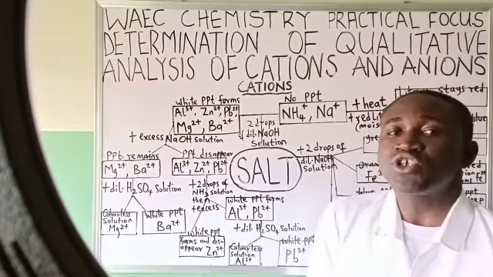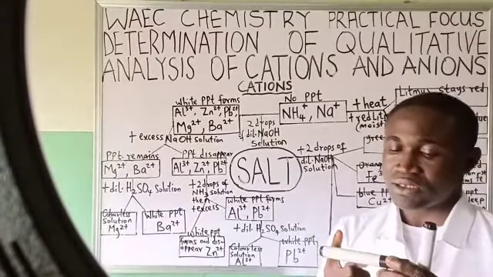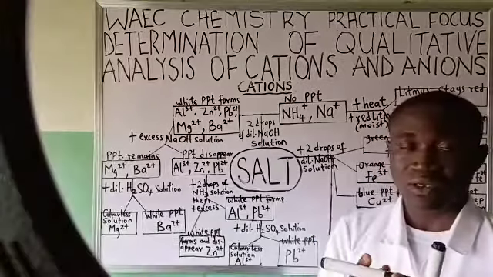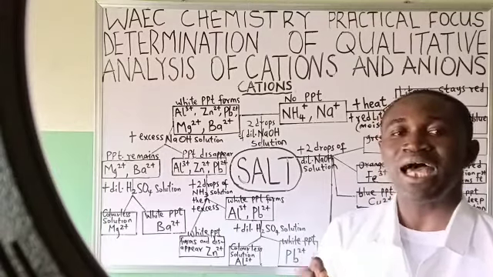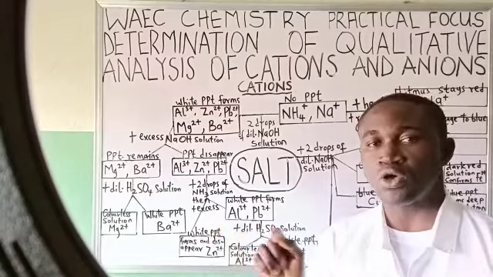Then if the salt, as you are looking at it, is like green and it is also like brown, that is two different colors you are seeing, say that salt A is a mixture of two salts.